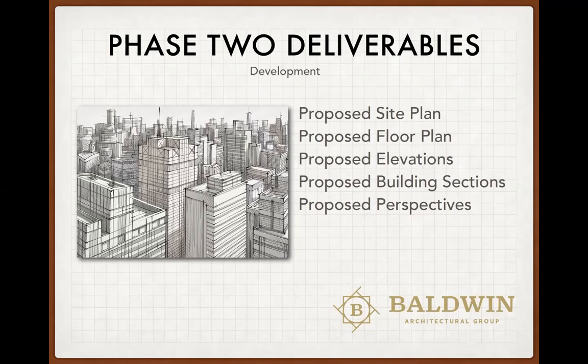Well, usually we develop several ideas, because in a lot of cases where we have those meetings, that's why those discovery meetings are so important. We get a good idea of exactly the look that you want. So yes, we do give you several options to select from.